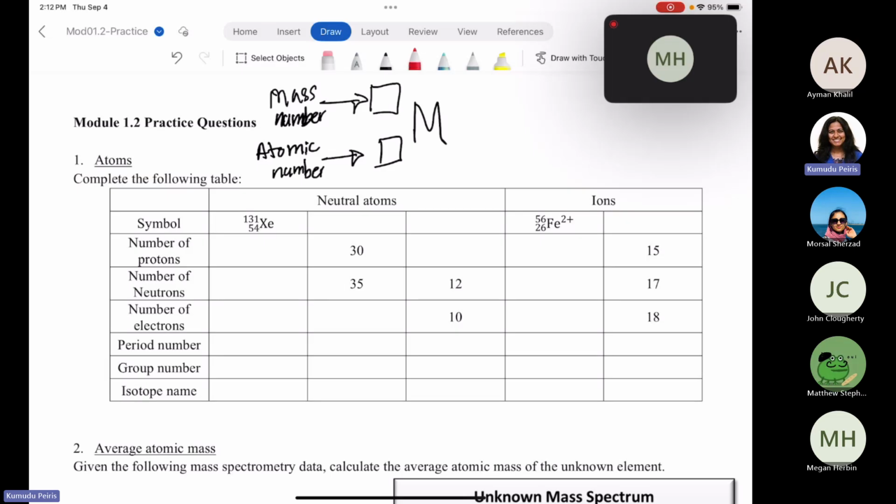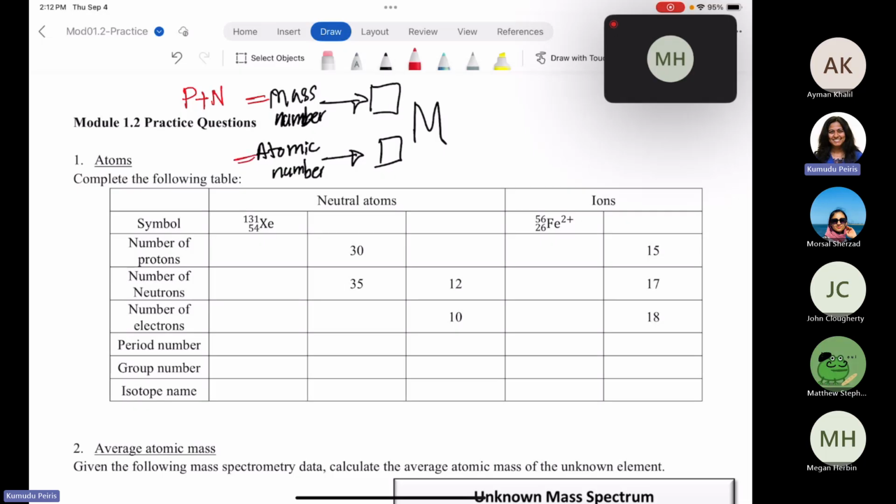Mass number equals the number of protons and the number of neutrons in the atom. So the total of protons plus neutrons equals the mass number.